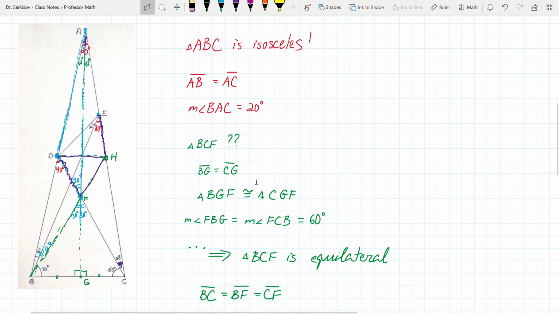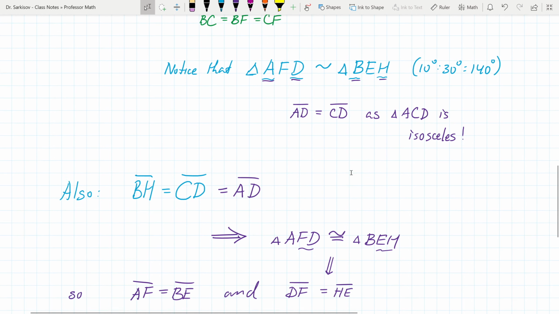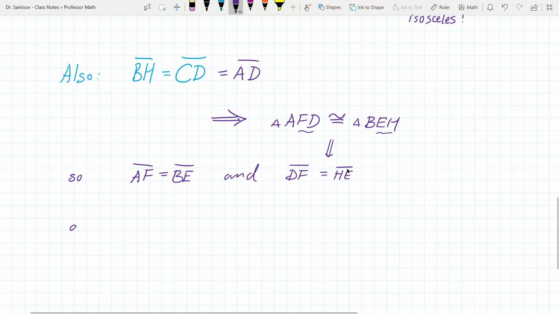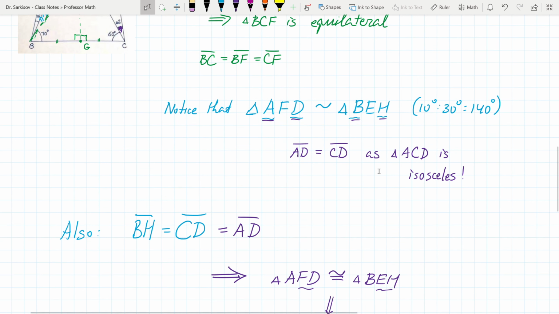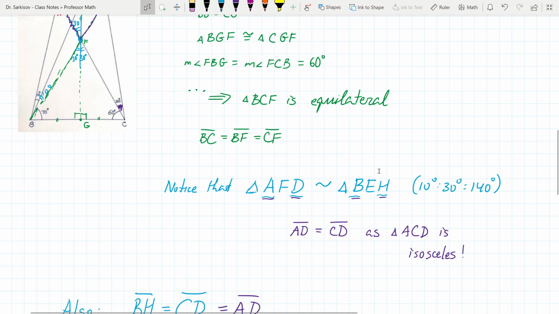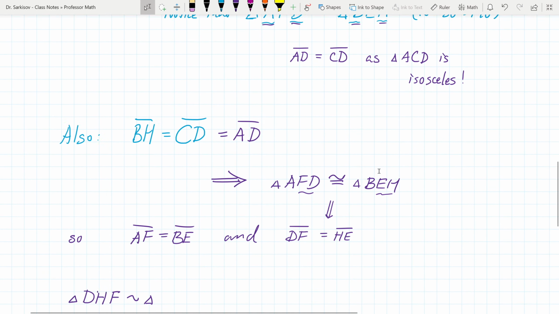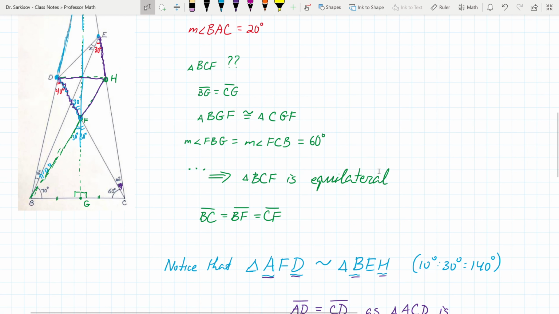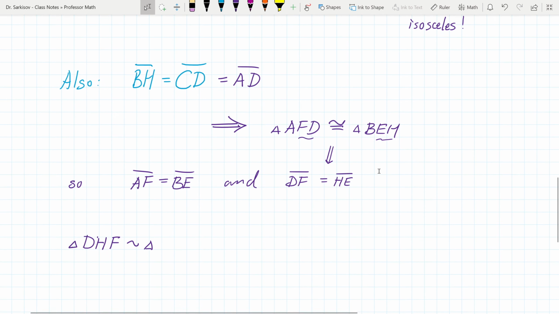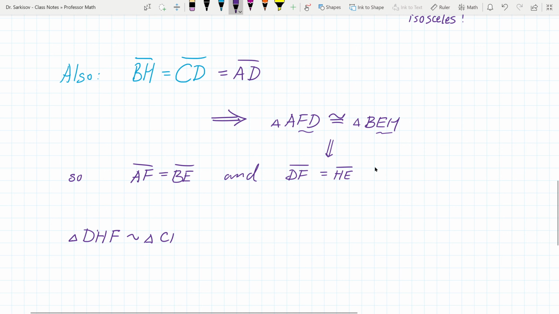So also notice that triangle DHF is similar to the one we had found was equilateral. Which one was it? BCF. Well, let's actually be specific. DHF is similar to, by the angles, CBF, right? The way that you put in that order, CBF, okay?